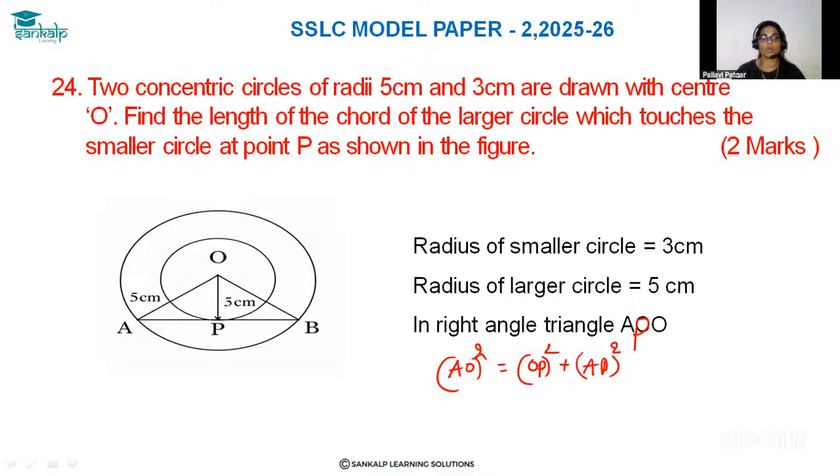Here OP is the radius of the smaller circle and AO is the radius of the larger circle. So substitute the known values. So here 5 square is equal to 3 square plus AP square.